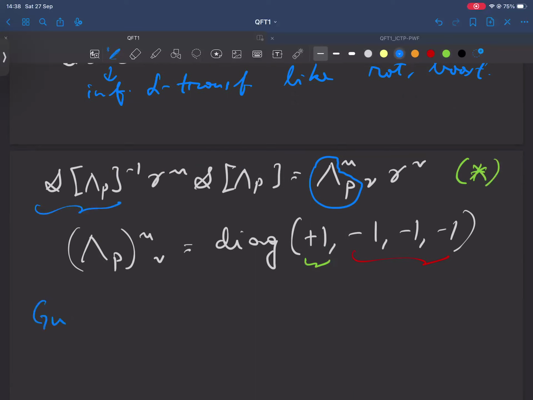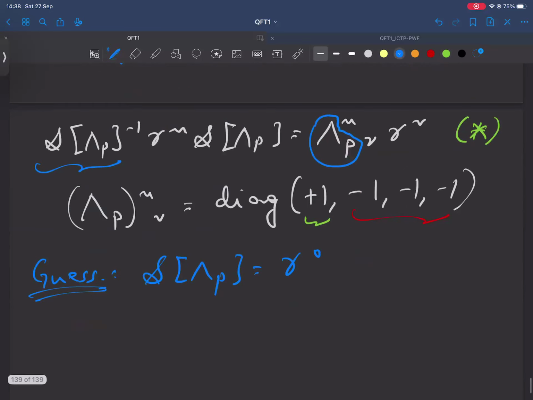And you can take a guess. The guess is, let's try S lambda P equals gamma 0. Sorry, there's a question. No, gamma mu itself is not a vector, but only when it is sandwiched. That's a good question.